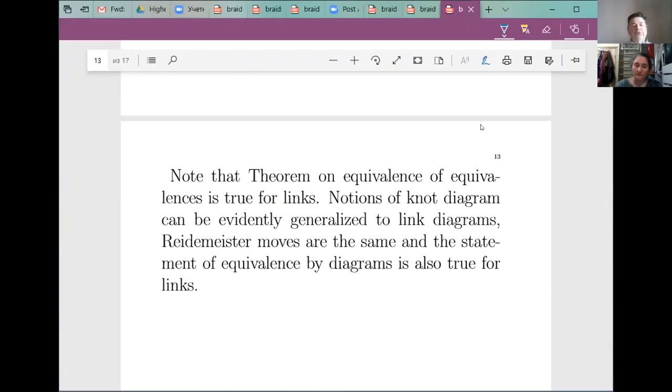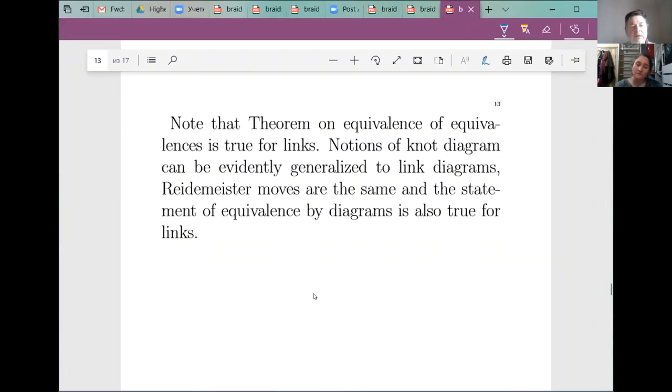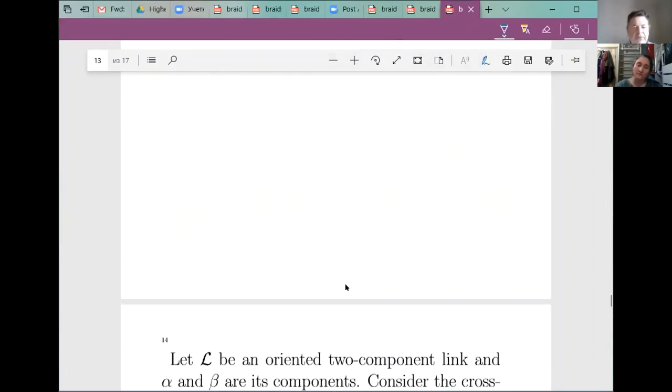First of all, note that the theorems that we proved for knots, for example about the Reidemeister moves, are definitely true for links. If two links are equivalent by isotopy, then their diagrams are equivalent by Reidemeister moves and vice versa. This is the same theorem.